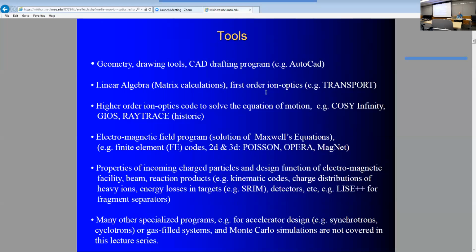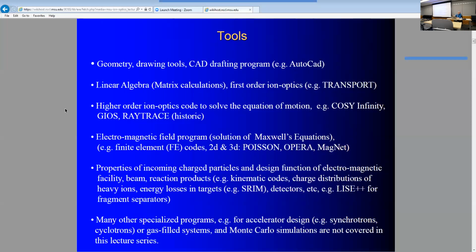You can think of it still as a matrix with extended higher order terms specifically built in. So for the higher order calculations, of course, this cannot be done by just calculating matrices. You really need a code, and there are many codes available. We will be using COSY Infinity, not only because Martin Berz, the creator of this program, is here in-house, but it's also very flexible.